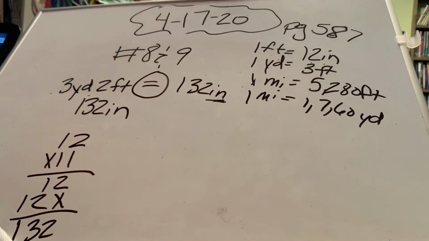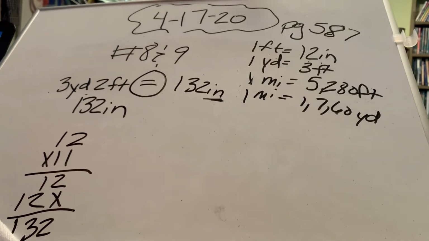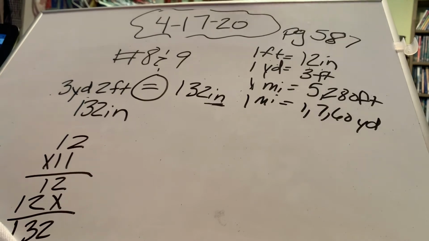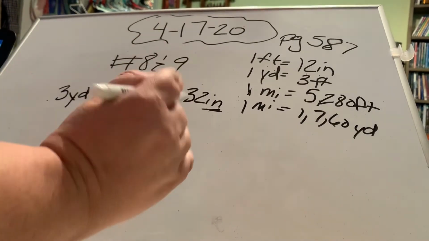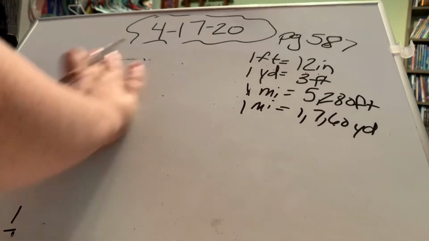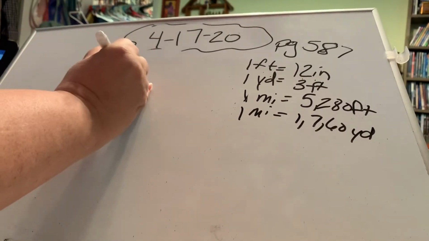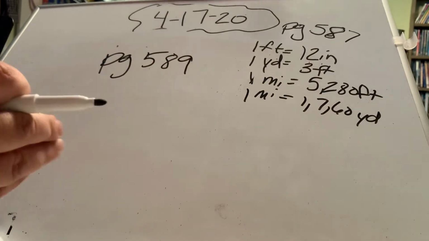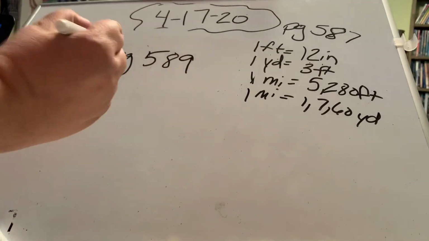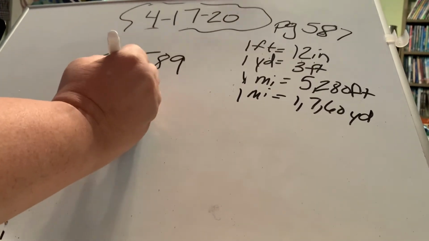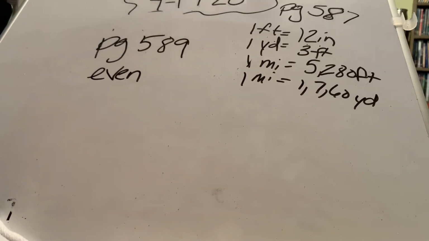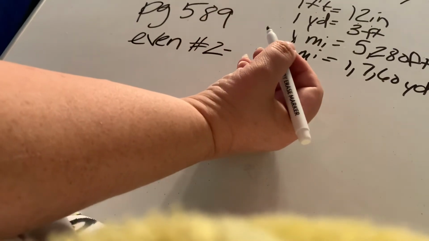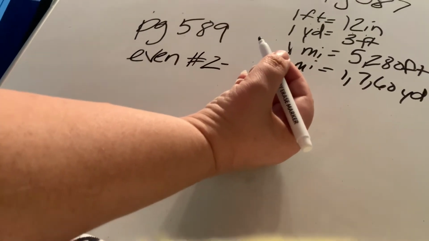All right, so what you're going to do is you are going to practice. You are going to turn to page 589, okay? You are going to do the even numbers, remember, only even.